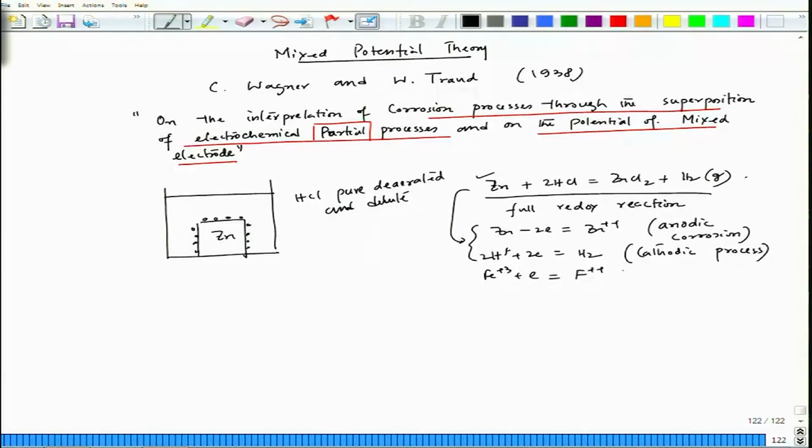So, this is another cathodic process. The anodic process is this one, which is the corrosion event. The corrosion event is a single event, but the entire process has been divided into three partial reactions, one anodic and two cathodic. So, from there the first hypothesis has been drawn.